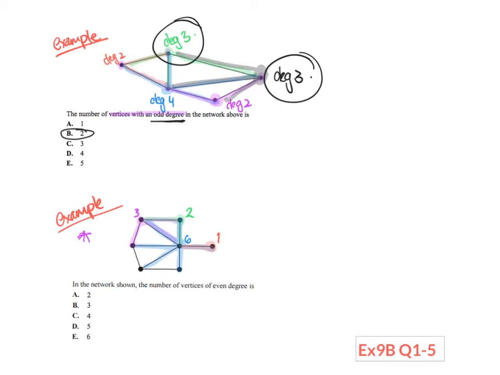I'll just rub out a little bit so we can see. I can use the colors again. Then we've got this one here, 1, 2, 3, a degree of 3. This vertex here has 1, 2, 3, also 3. And what one haven't I done?